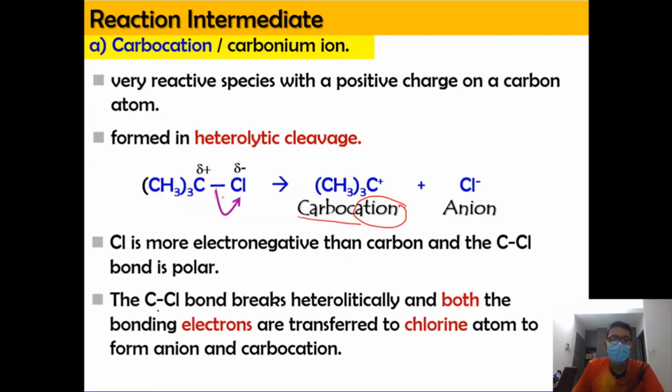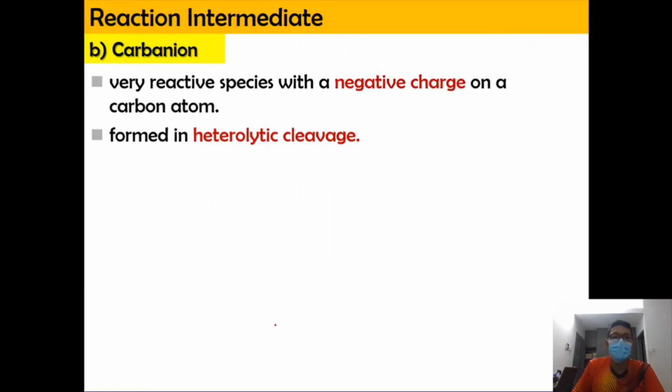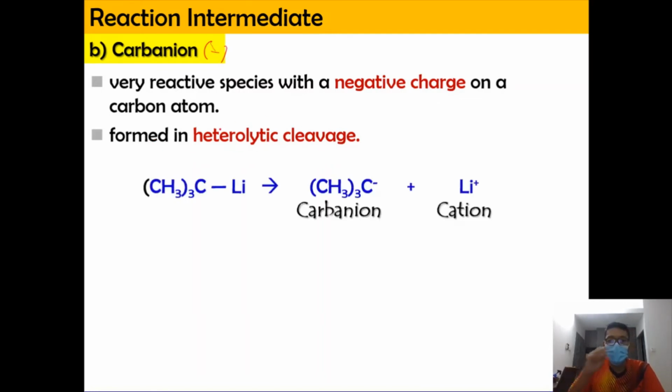All right. The C-Cl bond breaks heterolytically, and both the bonding electrons are transferred to chlorine to form an anion and a carbocation. Meanwhile, carbanion is a very reactive species with a negative charge on the carbon atom, and similarly, it will form by heterolytic cleavage. So let's say we have CH3 connected with a lithium metal.